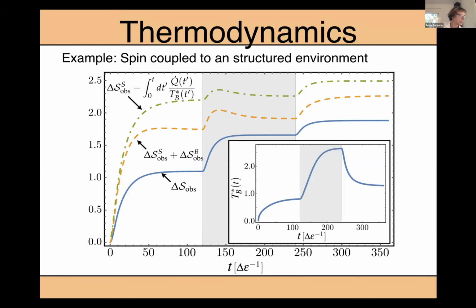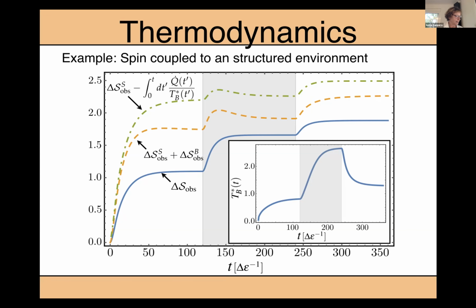Then we have the green line, which is the sum of the observational entropy of the system plus the observational entropy of the bath. So here we are ignoring the classical correlations between the system and the bath, and this is the difference between these two plots.